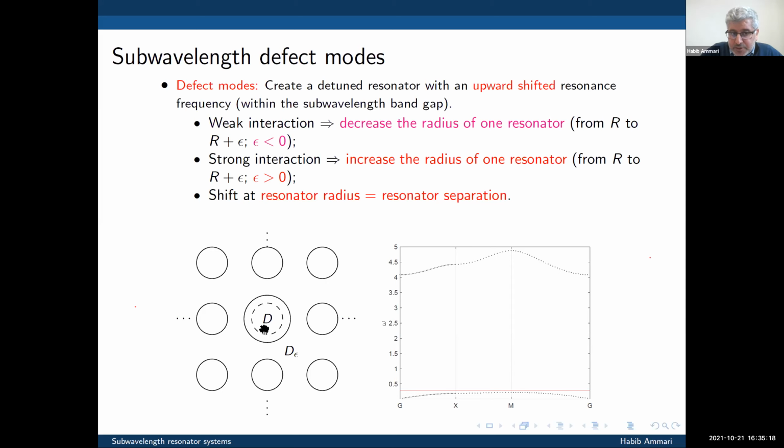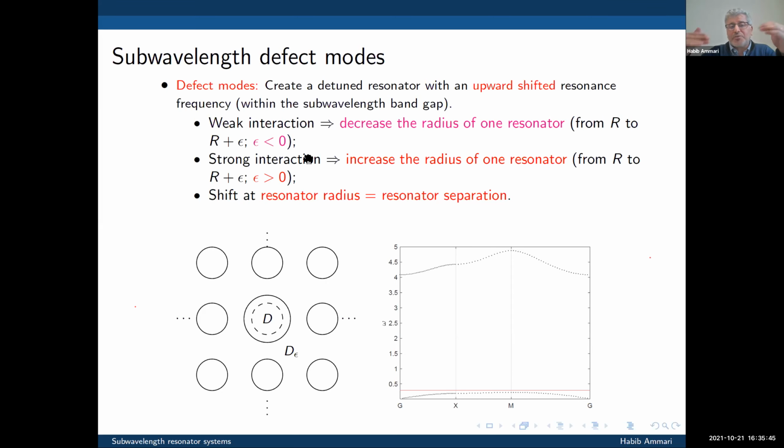Waves in the detuned resonator would be trapped at exactly this frequency here, and we can achieve subwavelength trapping of waves. The wave here would have a wavelength much larger than the size of the resonators. Nevertheless, it stays inside this resonator.